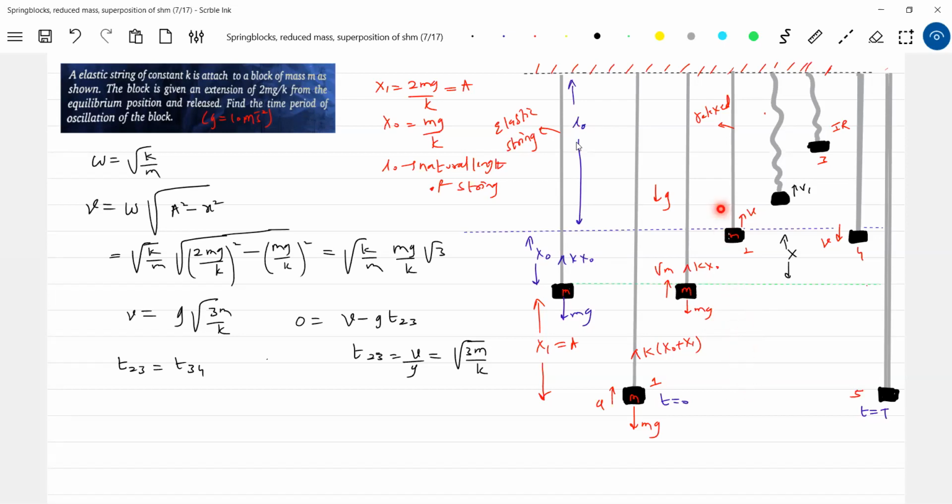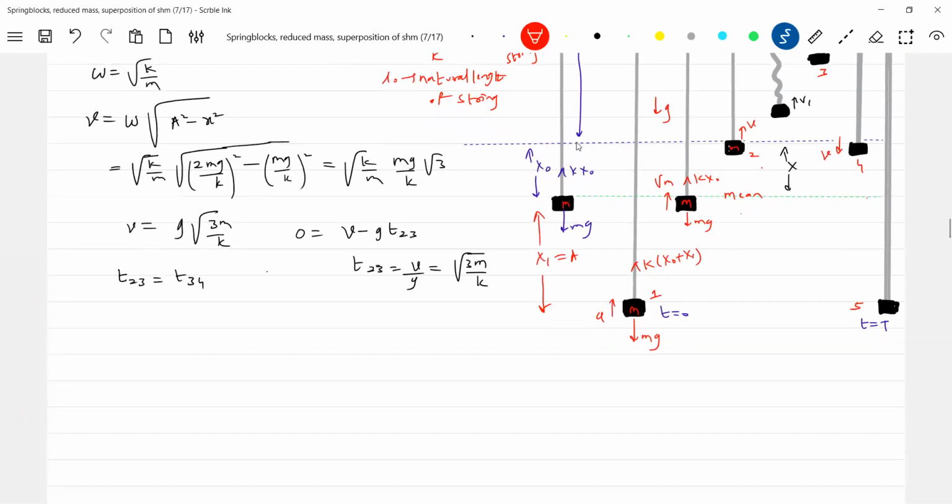Half of the full oscillation will become 1/4 of the time period, and this is another 1/4 of the time period. So if you want, you can write this. This is like the mean. So the time taken to move from 1 to the mean we know is 1/4 of that. The time taken to move from the mean to position 2 is what has to be determined. And for that, shall we take the circle idea?